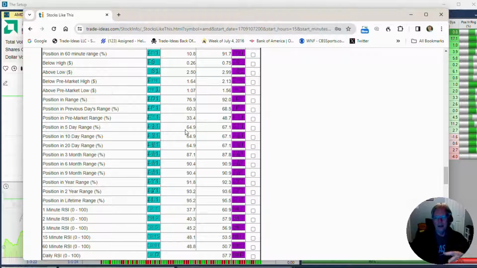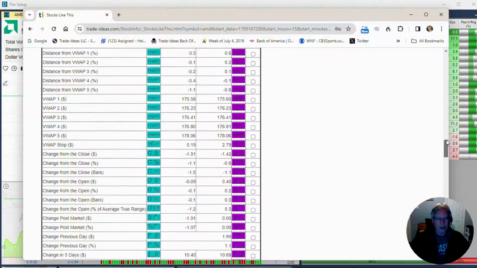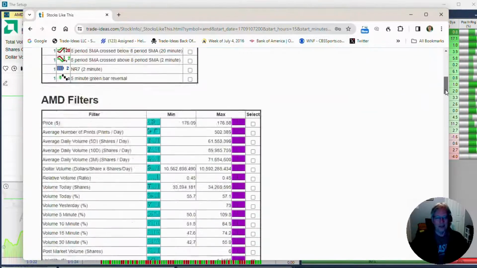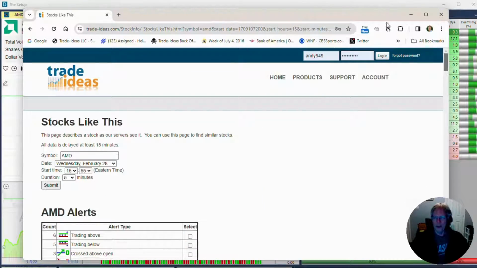You can see it's at 64% to 67% of its 5-day range, which means it's nowhere near the high at this time. Same thing goes with other ranges. It's a really cool little feature if you're trying to build a top list for a particular setup or a chart that you like. So take some time if you can and check this stuff out. You can spend literally days on it, but I wanted to show that to you.